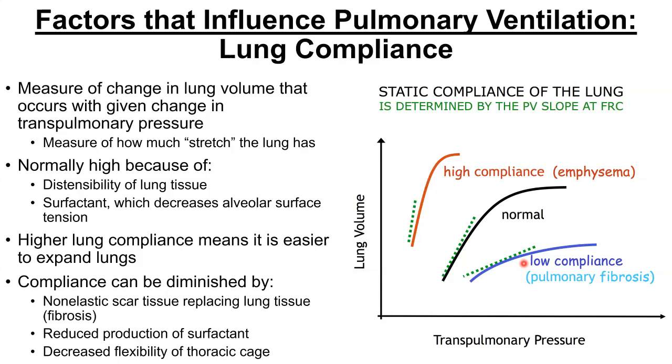And then finally, if for some reason the thoracic cage itself is unable to be as flexible as it normally was before, that's another situation in which compliance would go down, okay? So those are just factors that the lungs have to overcome in order to maintain their ability to effectively inspire and expire. So that is all I'm going to do for this video.